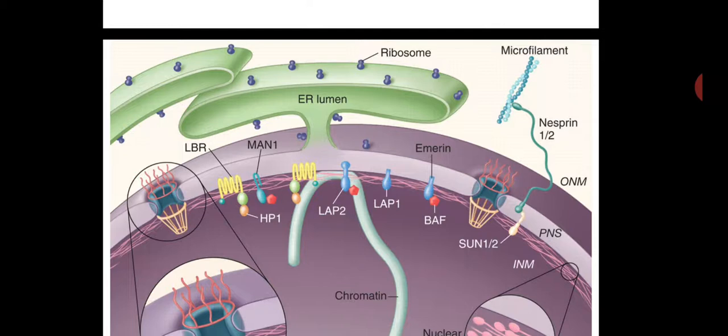The protein which has to be transported into the nucleus is tagged at the C terminal, which is enriched with positively charged amino acids like lysine and arginine.